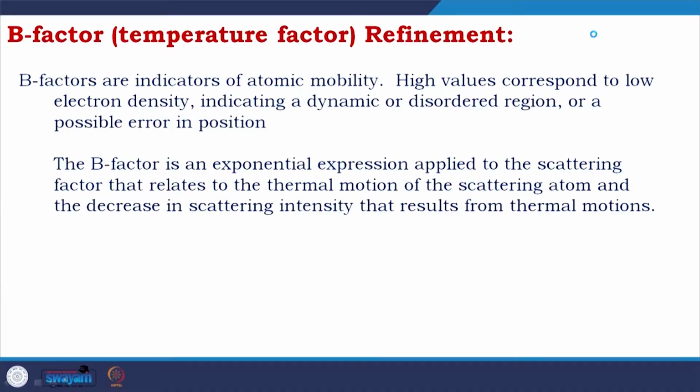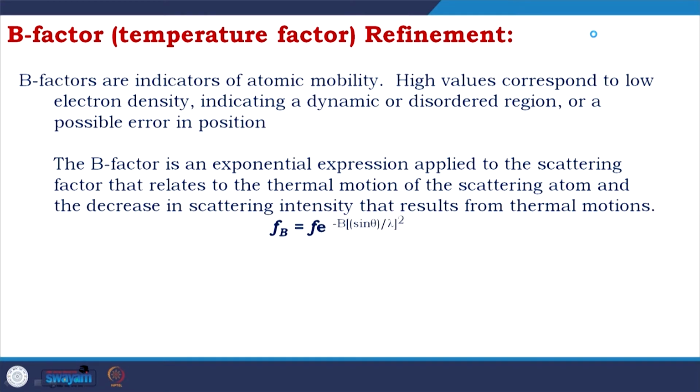The B factor is an exponential expression applied to the scattering factor that relates to the thermal motion of the scattering atom and the decrease in scattering intensity that results from the thermal motion. So, basically it is correlated to the thermal motion, that is why it is called proportional or correlated to flexibility.